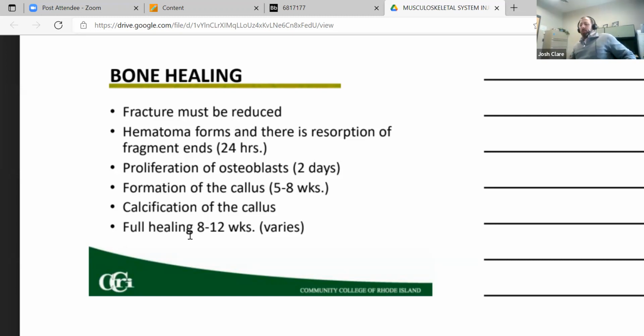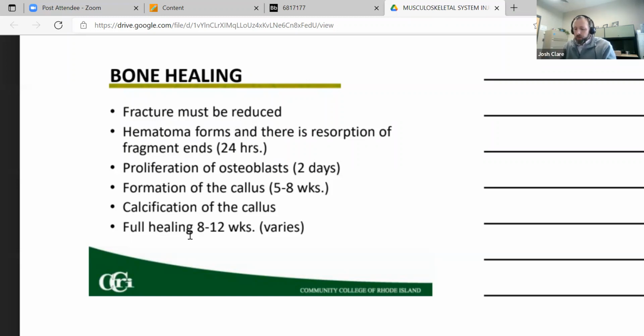So what happens is once the fragment hematoma forms and there's reabsorption of the fragment ends within the first 2 days, with the first 24 hours. In the first 2 days, the osteoblasts come in. So osteoblasts build. Osteoclasts, CLASTS, help resorb the bone tissue.